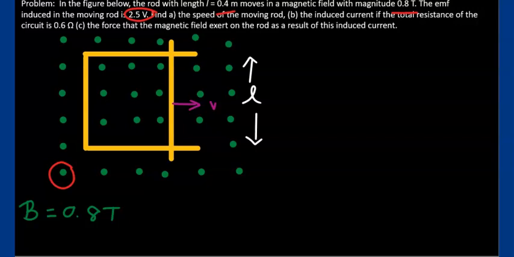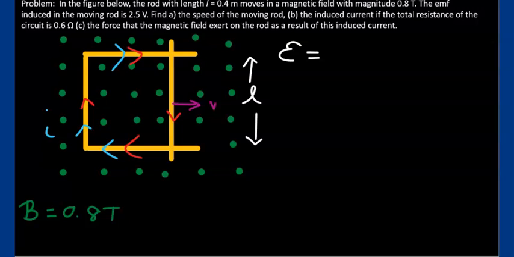You want to find the speed of the moving rod, that is this one right there, the induced current, if the total resistance in the circuit is 0.6 ohms, and also the force that the magnetic field exerts on the rod as a result of this induced current. We note that the direction of the induced EMF is given like that. So the direction of the induced current in blue is also in the same direction as the direction of the induced EMF.